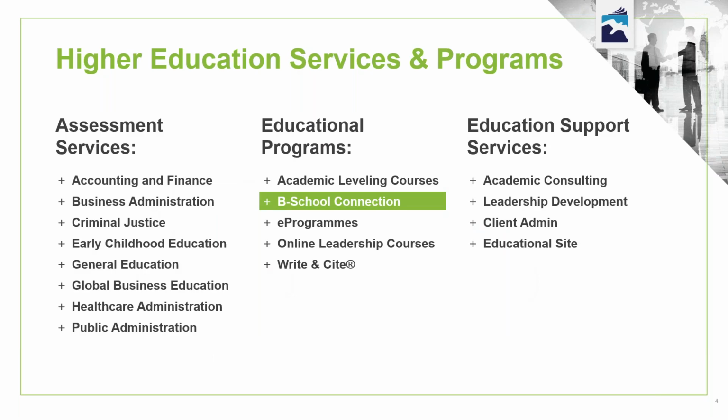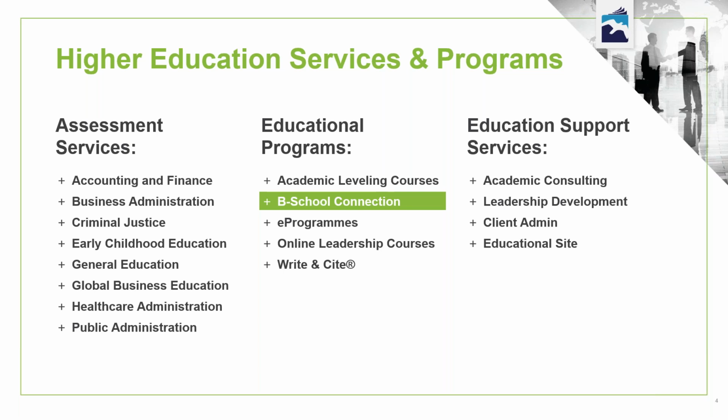As you can see, we have quite a few higher education services and programs, and you'll even see some of our leadership services included in this list as well. On the far left, we've got the assessment services and all the different programs that we currently have assessment services for, providing a metric for outcomes assessment. In the middle column, you'll see our educational programs listed with the B-School Connection highlighted.